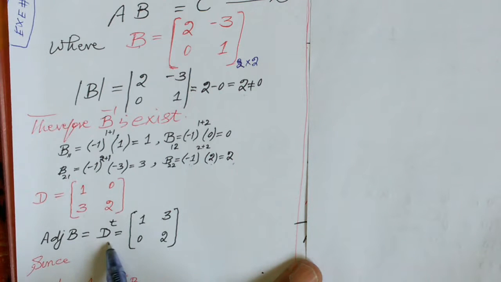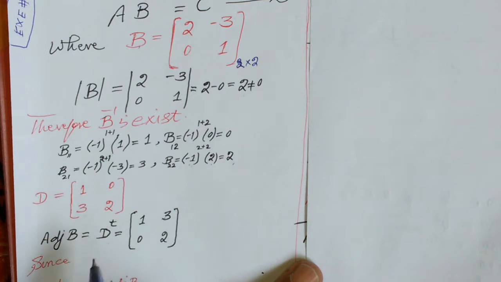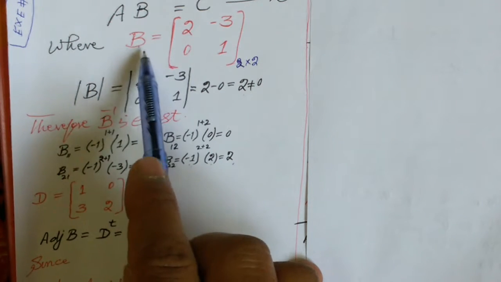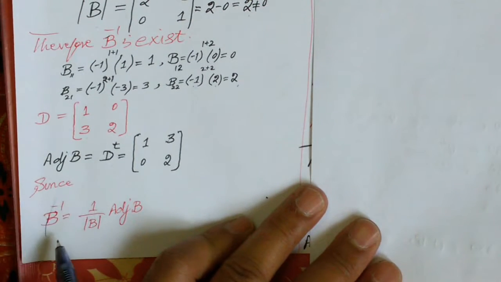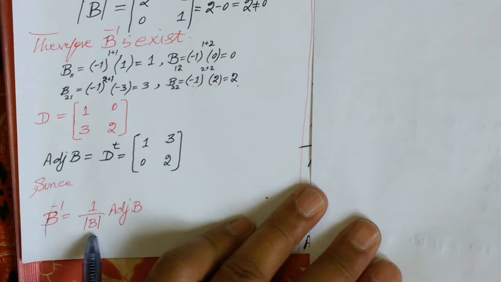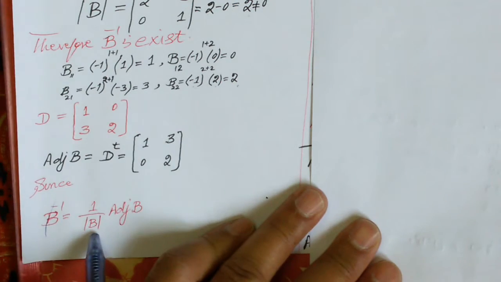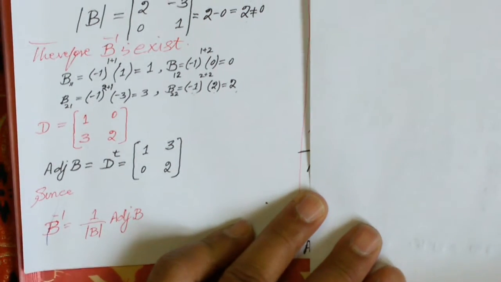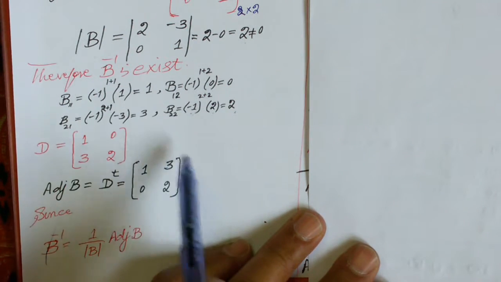Taking the transpose of D, the first row becomes the first column and the second row becomes the second column, and that resultant matrix is equal to the adjoint of the matrix B. Now to calculate the inverse of a matrix, we apply the formula: B inverse is equal to 1 divided by the determinant of B multiplied by the adjoint of B. Substitute the value of the determinant of B and the adjoint of B. Adjoint of B is a matrix.